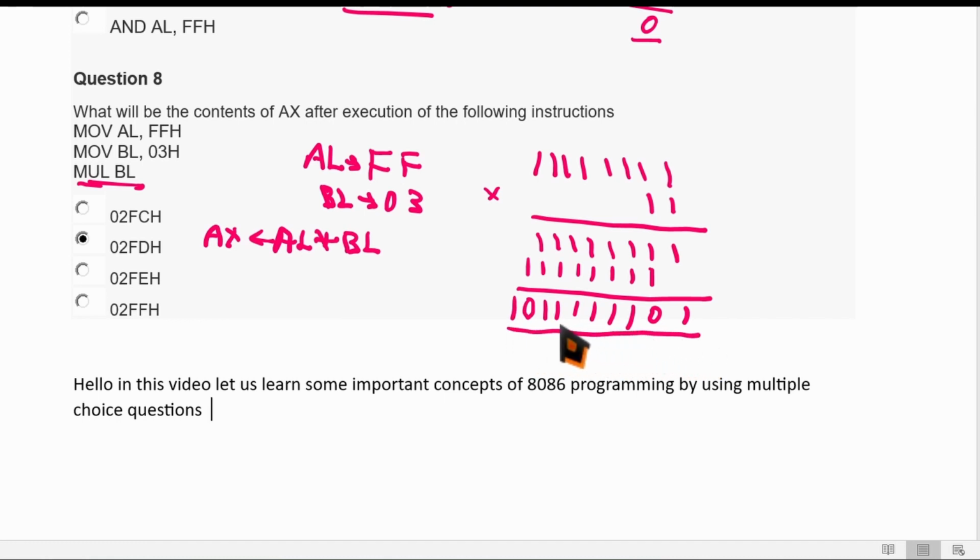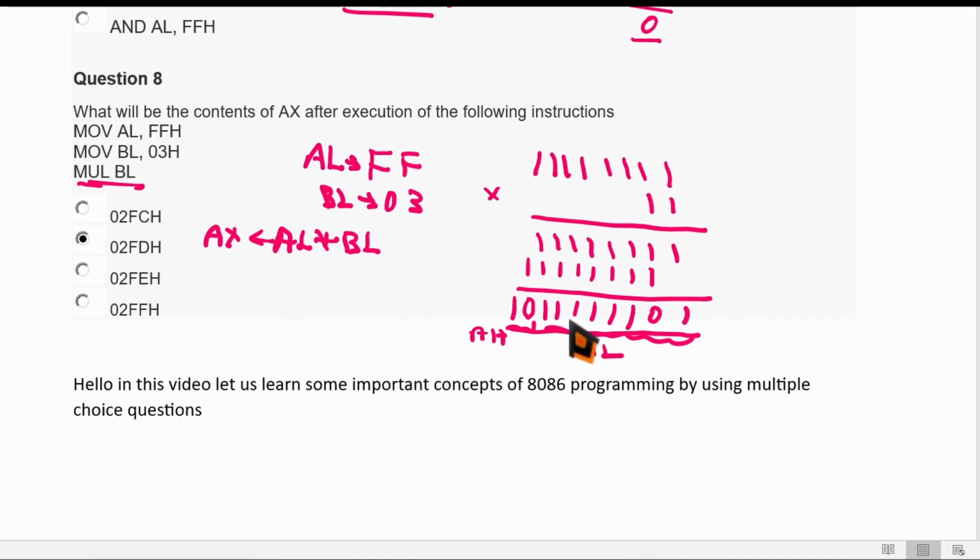So the first 8 bits, 1, 2, 3, 4, 5, 6, 7, 8, these 8 bits will be stored in AL and these bits will be stored in AH. So in AH you will have 02. In all options 02 is there.